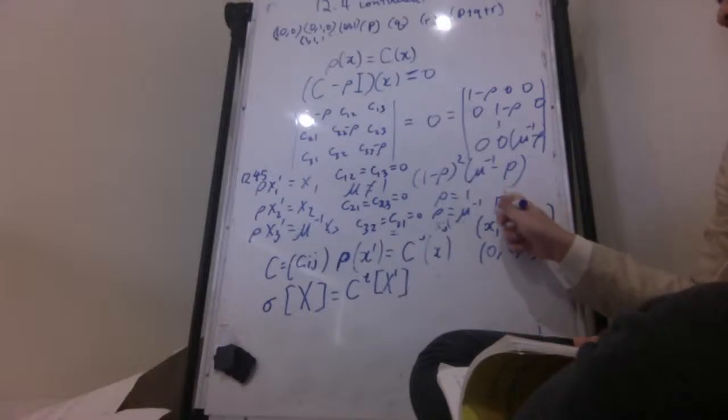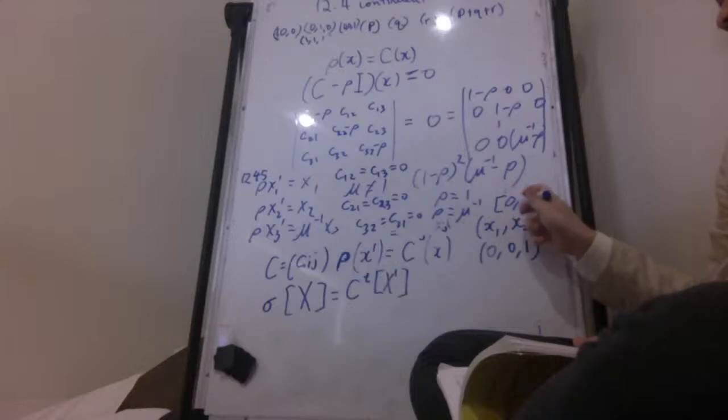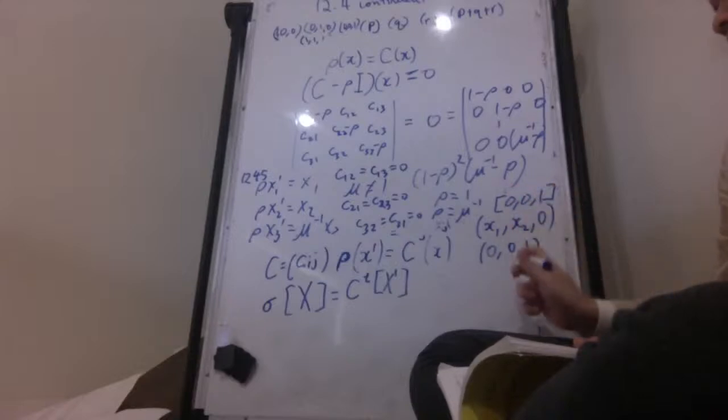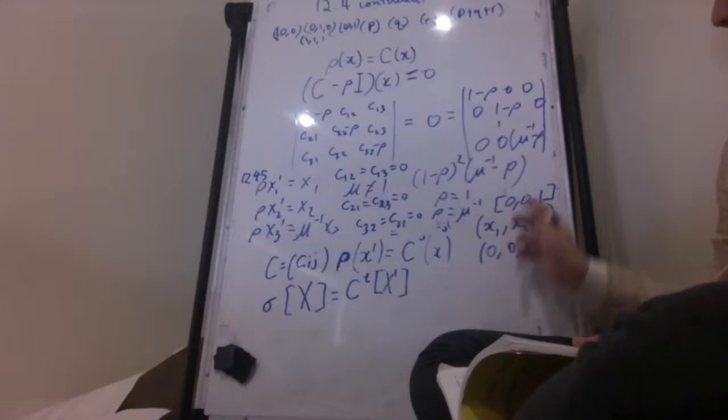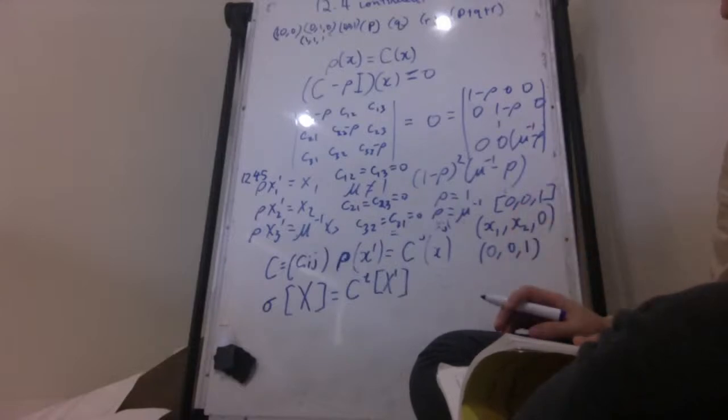So this line that's fixed is 0, 0, 1, and it has a point that's not on that line because the inner product is not 0.